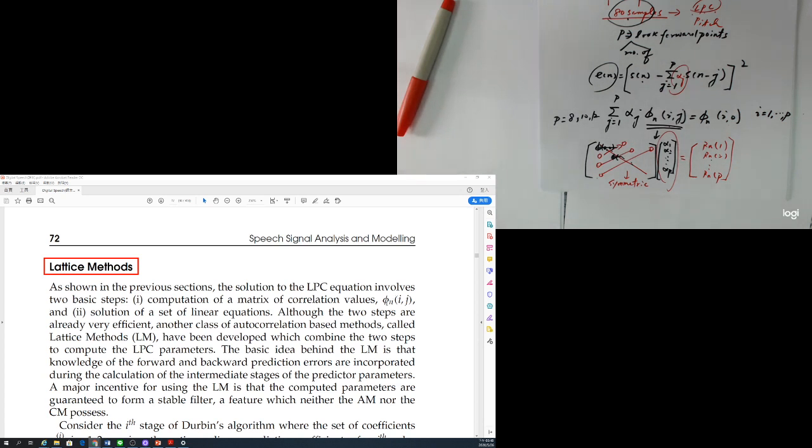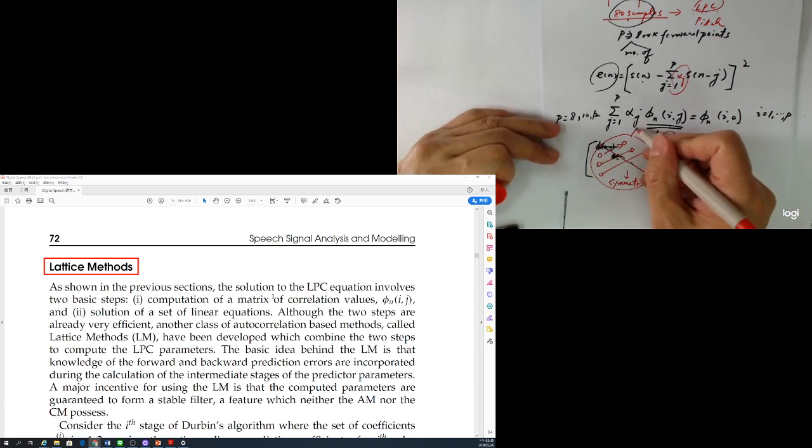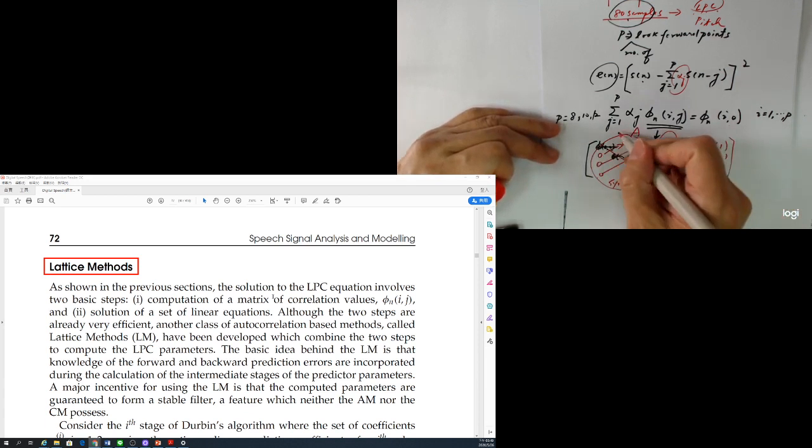We try to find the autocorrelation value matrix, and then come out with the matrix first, and then we try to solve the inverse matrix. Right now you have a matrix here, and we try to get R1, R2, Rp. For example, this one is A, so we try to find A inverse.